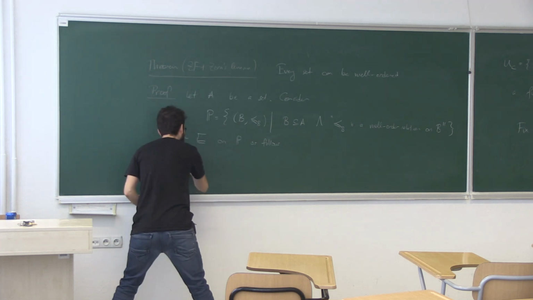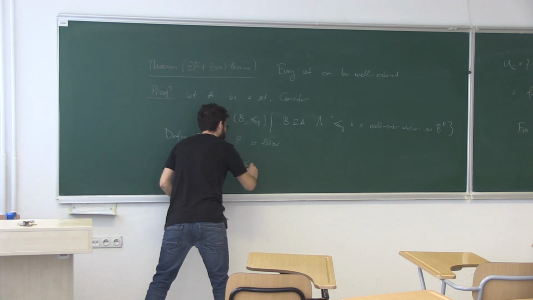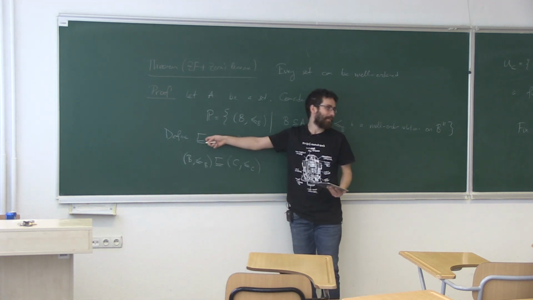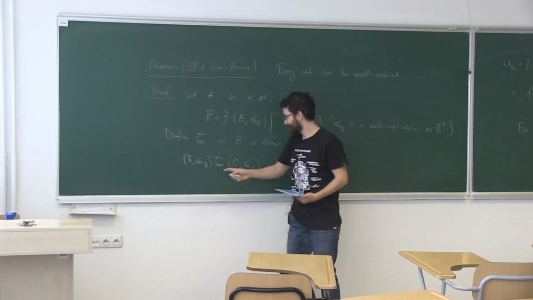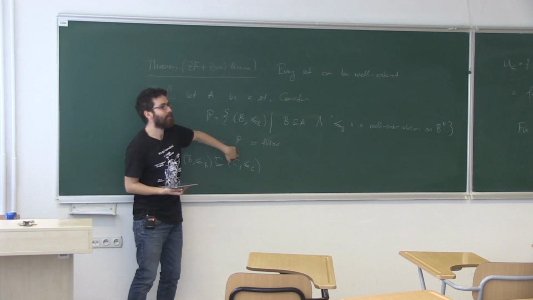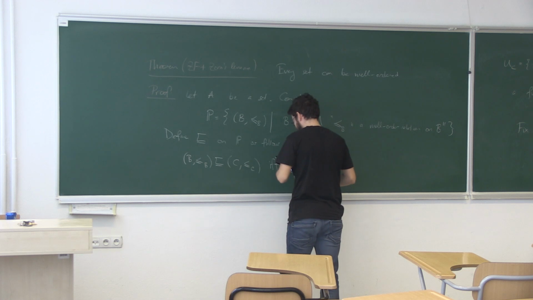Given two such tuples, one of them is related to the other. Okay, I'm going to call this square subset because it looks like a subset and it has corners. So this tuple is square subset related to this if and only if the following happens.